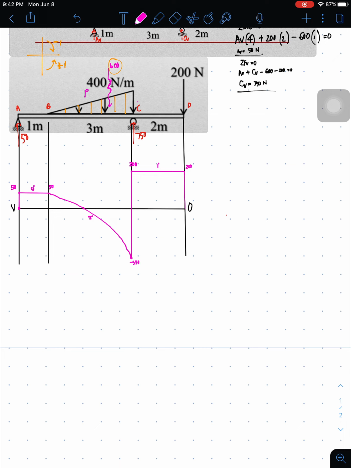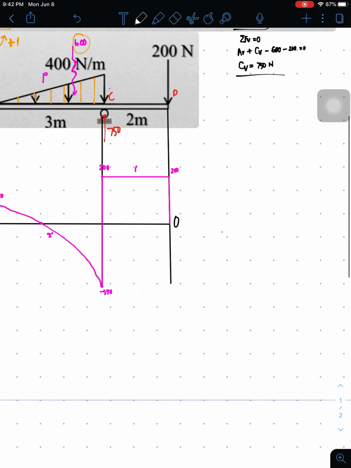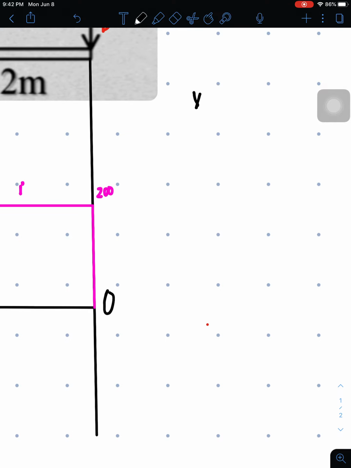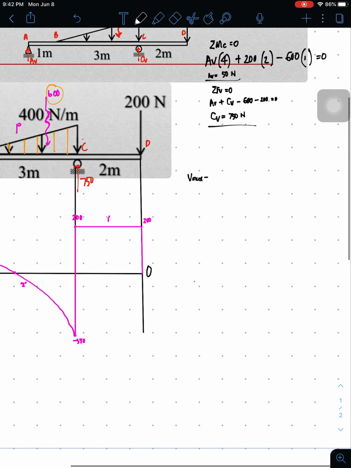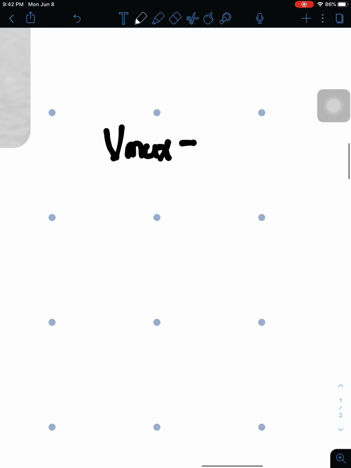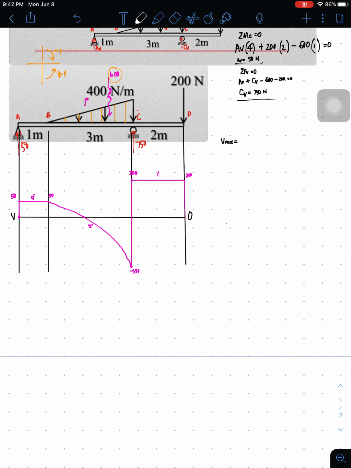So what is the value of our maximum shear force? So let's just write now down here. What is the value of our maximum shear force? So how much is the max? Remember, you can get the maximum value regardless of the sign.